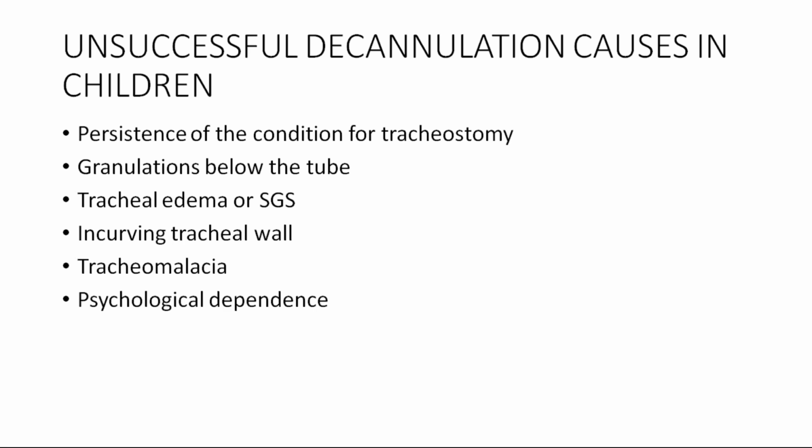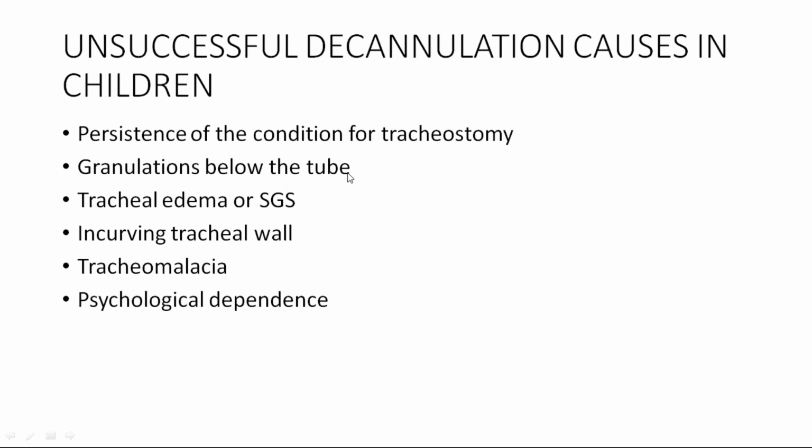Causes of unsuccessful decannulation in the case of children are persistence of the condition of the tracheostomy, like stenosis. As I have said previously, in the case of children, it can be symptomatic stenosis or anything. In the case of diphtheria, laryngotracheal bronchitis, or epiglottitis, they can lead to the persistence of the condition, and we have to keep the tracheostomy for some time.